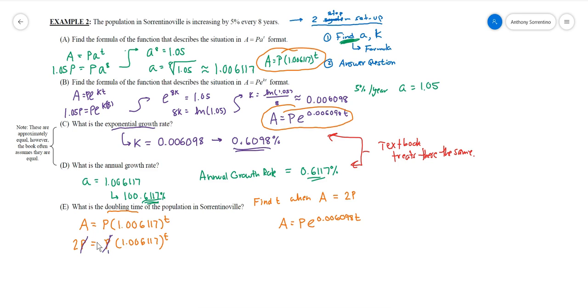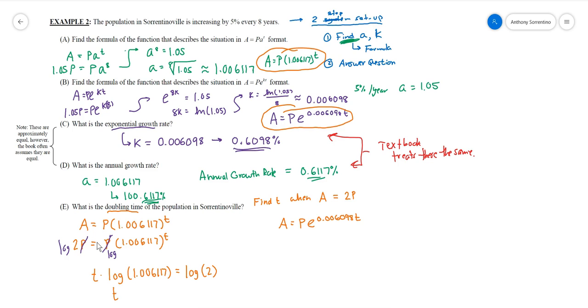Now, I'm just going to apply a logarithm to both sides of this, because now I'm going to have t times the logarithm of 1.006117 equaling the log of 2. And this is log base 10 because I'm not putting a base on there.